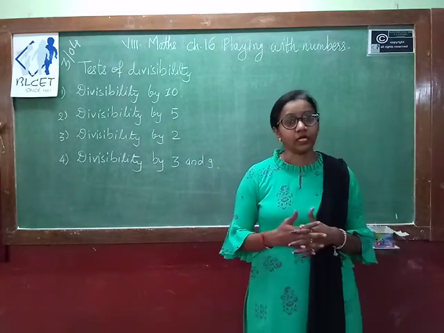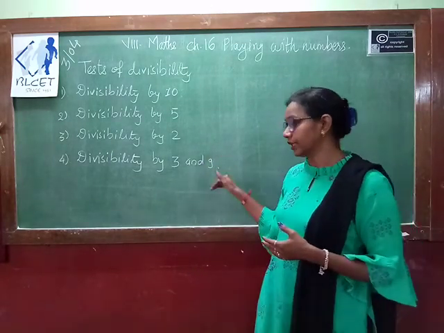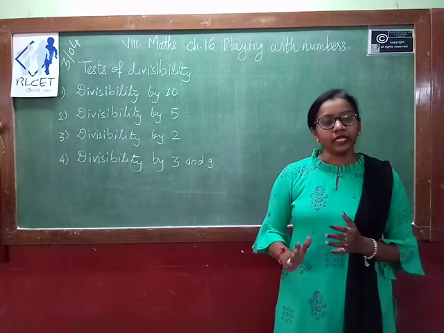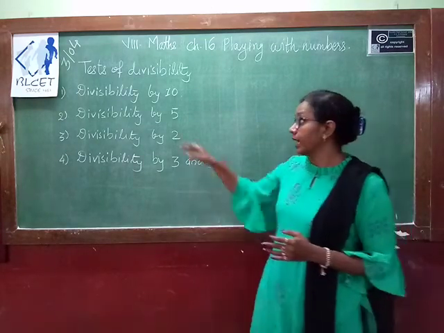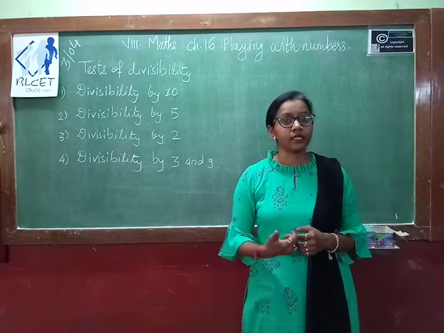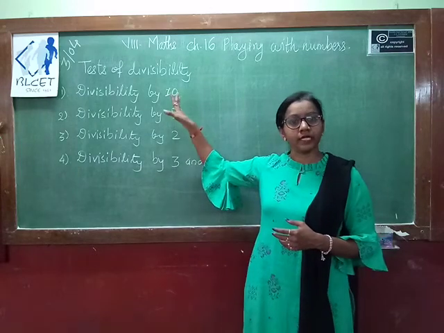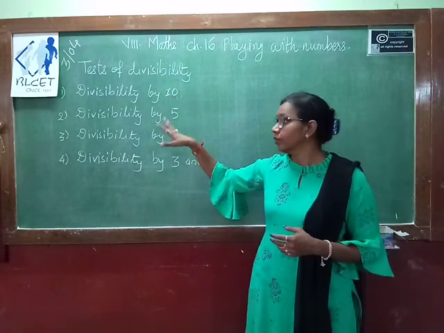This we have already learned in 4th standard, and maybe in 6th standard also we have gone through all the divisibility tests. A number is divisible by 10 only if its ones digit is 0.